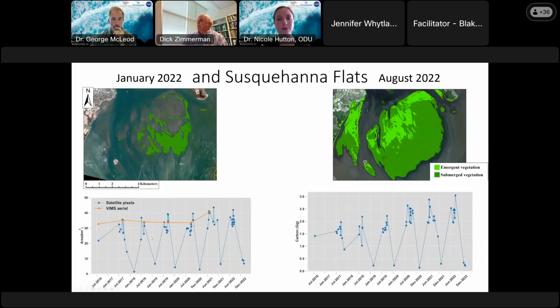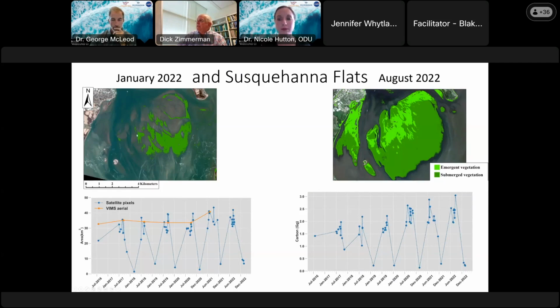And then go to the far north in Susquehanna Flats, where we see a dramatic seasonal variation in abundance due to the fact that in the wintertime, most of the submerged aquatic vegetation dies off and is scoured off the shoals. In January, you can see what the pattern looks like.